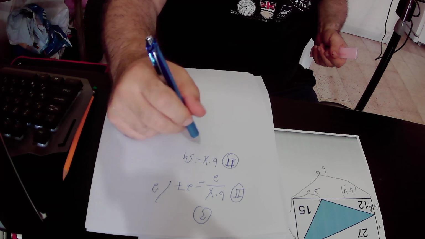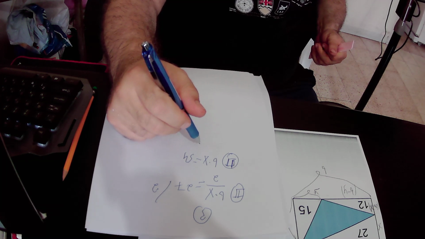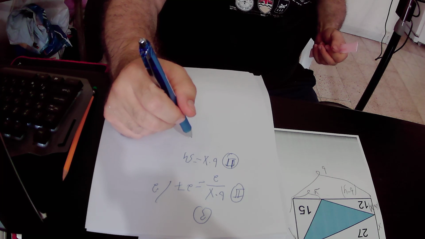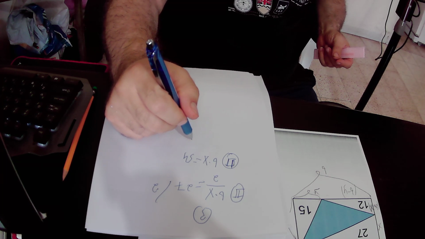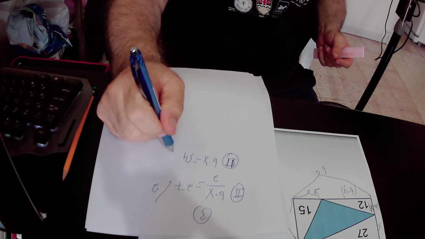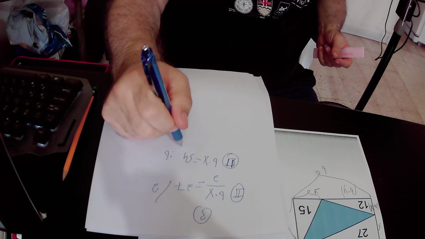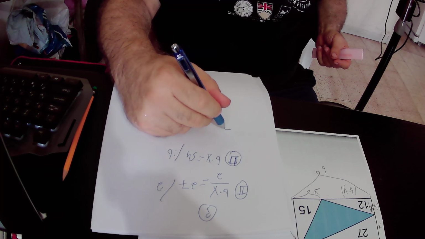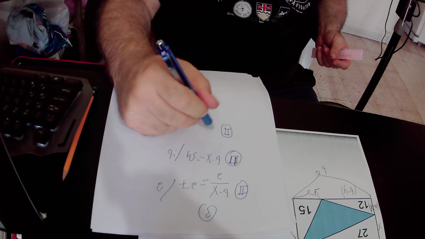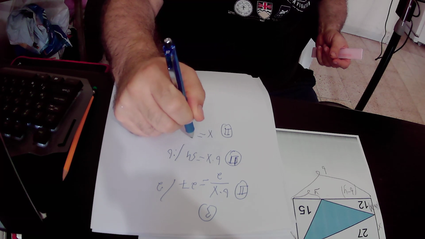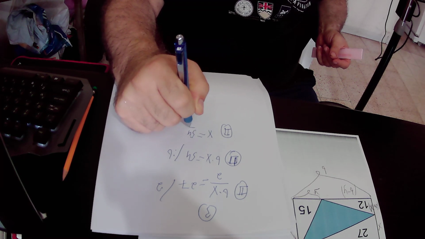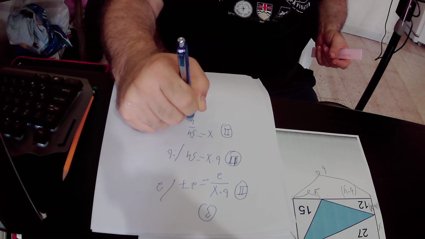We can divide both sides of the equation by b because b is the length of the rectangle, so it can never be 0, so it is allowable to divide both sides of the equation by b, and we will get that x equals 54 over b.